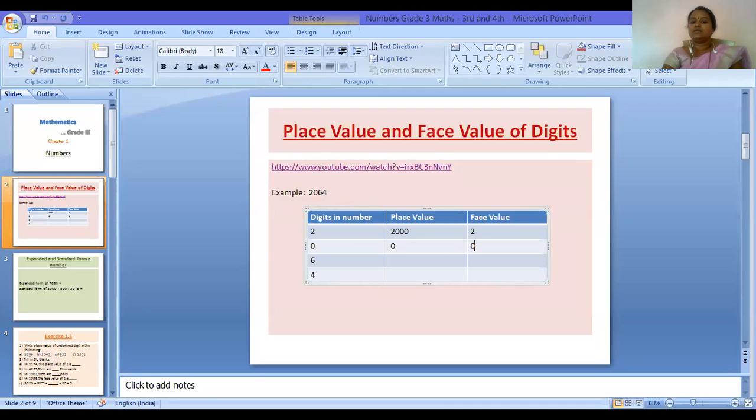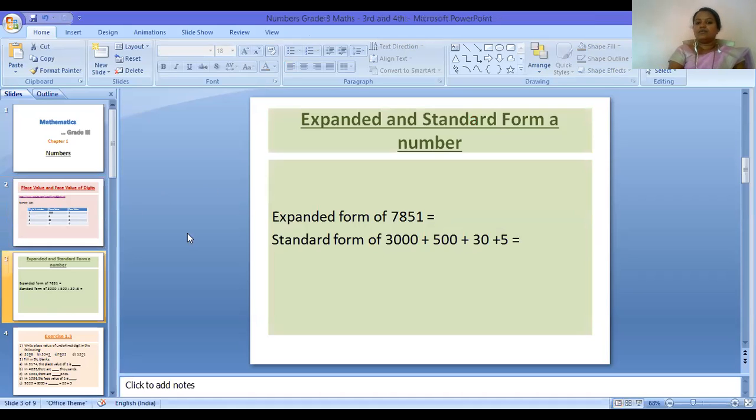The face value also remains the same. 6 is in the tens place, so you write the place value as 60, whereas the face value remains the digit 6 itself. The place value of 4 is in the ones place, so it is written as 4 and the face value remains the same. So this is how we go about it.